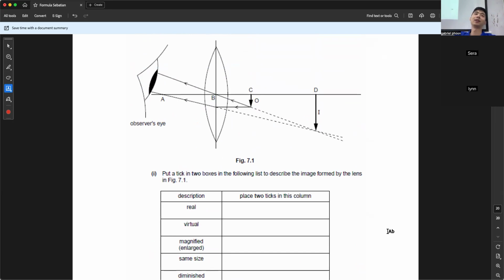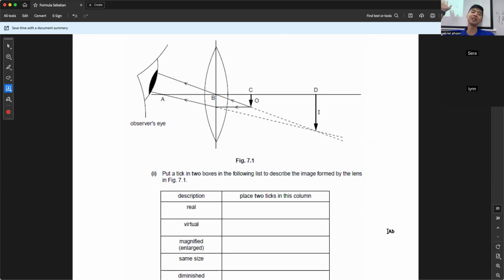From where to where? Good. By the definition itself, it is from the optical center to the focal point.